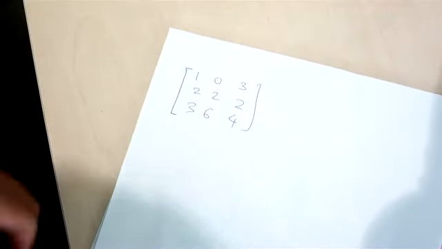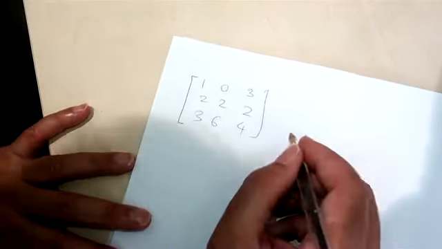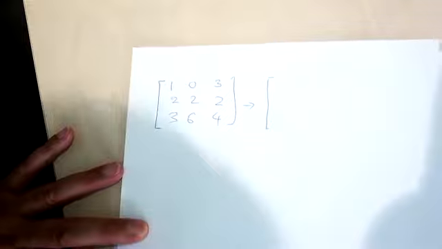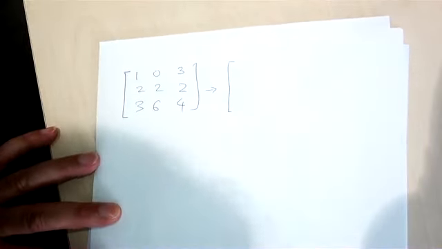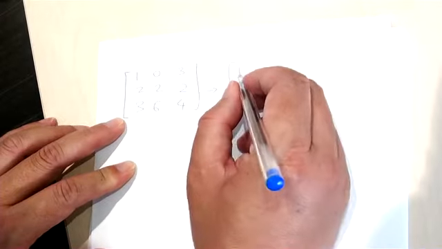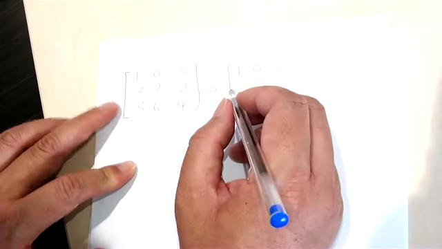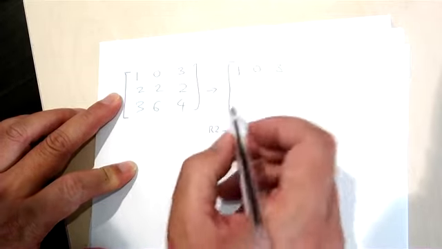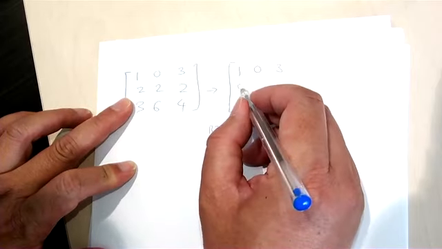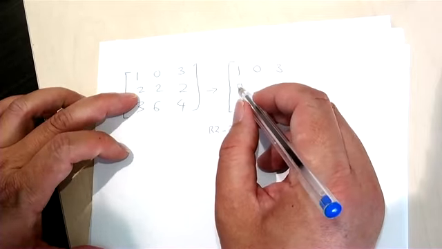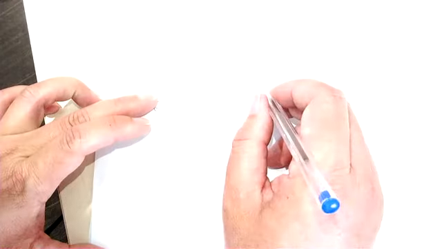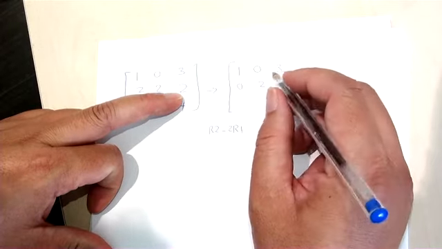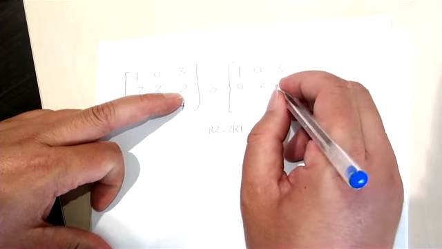How do you do the Gaussian elimination? You just take the 1 here, and then you take row 2 minus 2 row 1. Then this one is 0, this one is 2, and this one is 2 minus 6, which is minus 4.